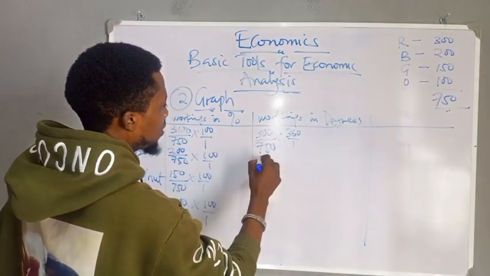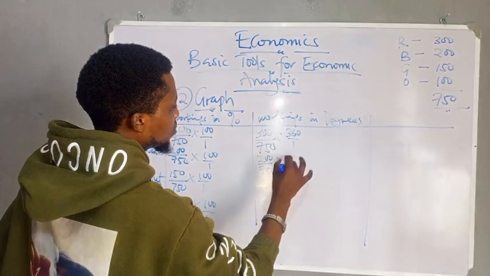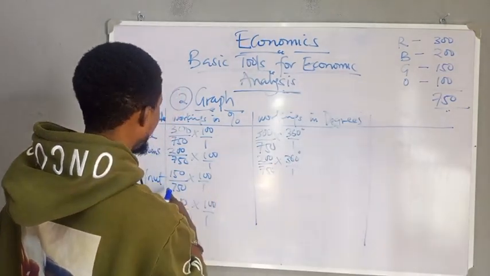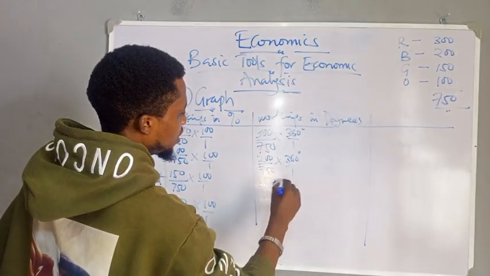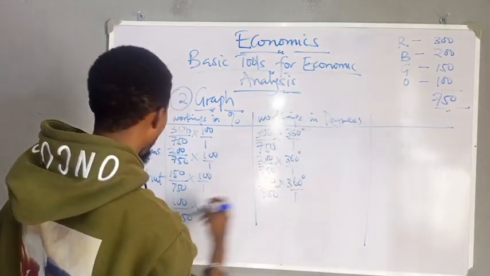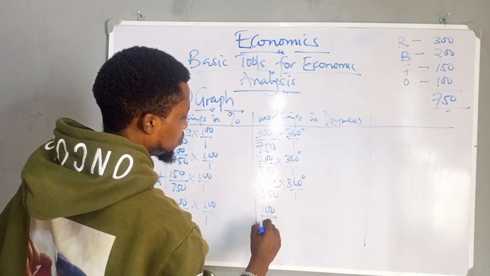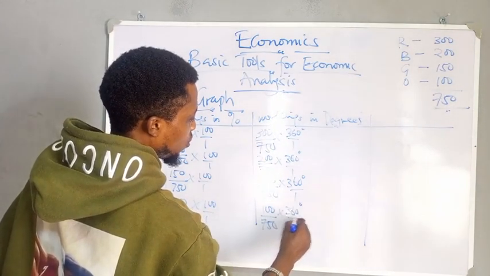For beans we have 200 all over 750 times 360 degrees over 1. For groundnut we have 150 all over 750 times 360 degrees over 1. For oil we have 100 all over 750 times 360 degrees over 1.